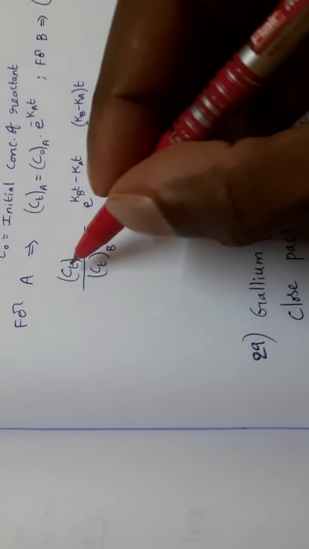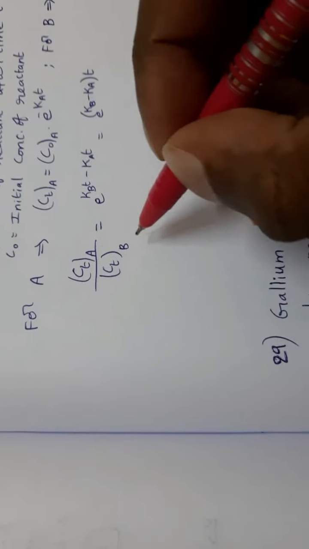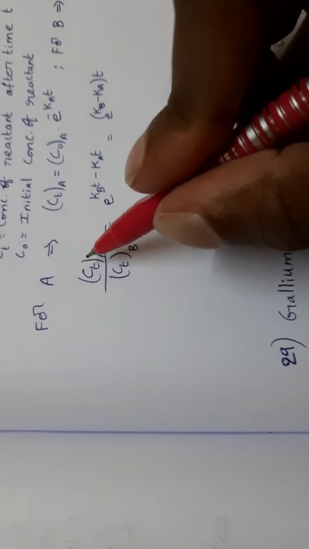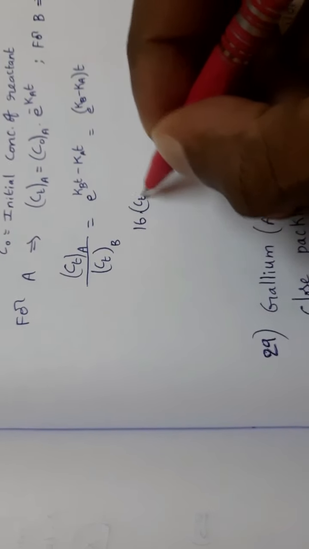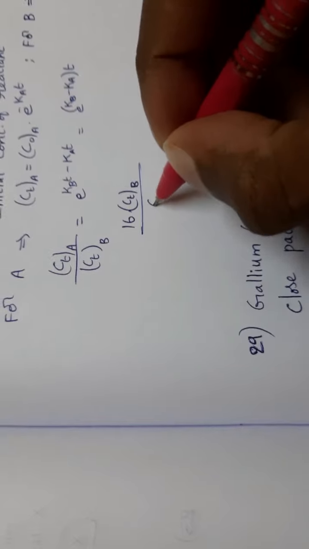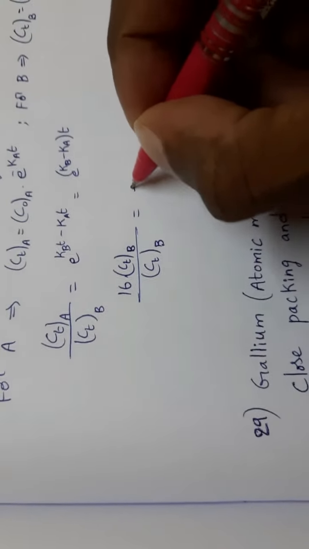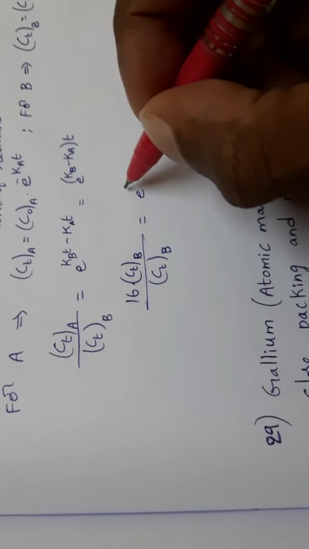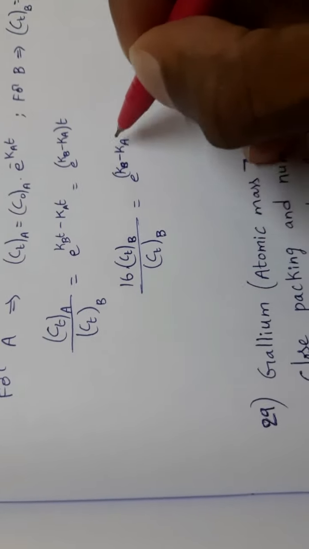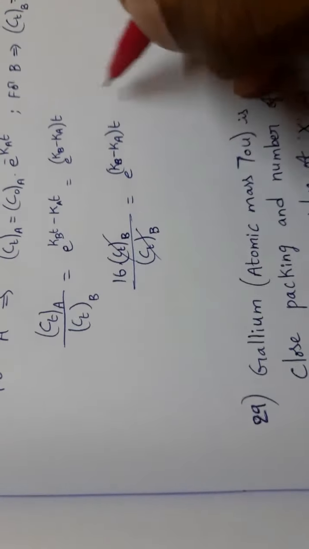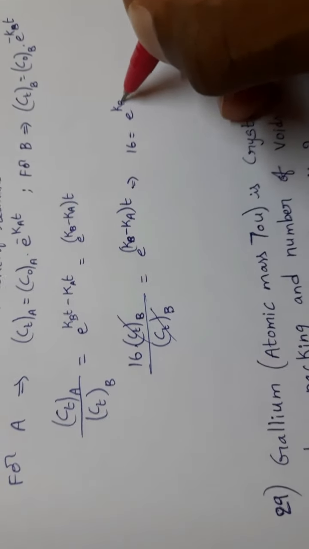Here concentration of A after some time t is 16 times that of concentration of B. So 16 into Ct of B divided by Ct of B equal to e power Kb minus Ka into t, Ct of B gets cancelled. That implies 16 equal to this one.